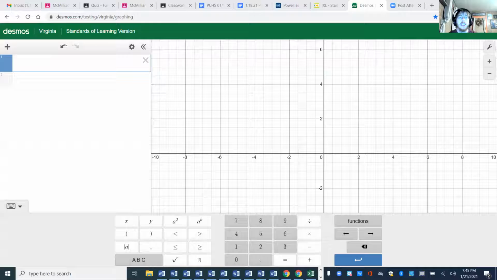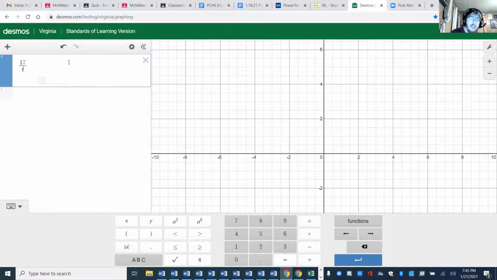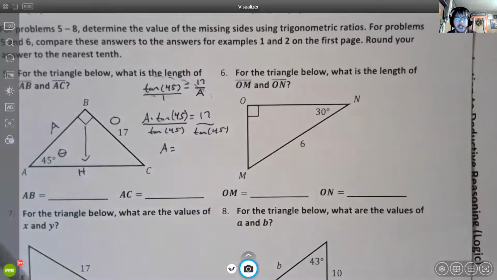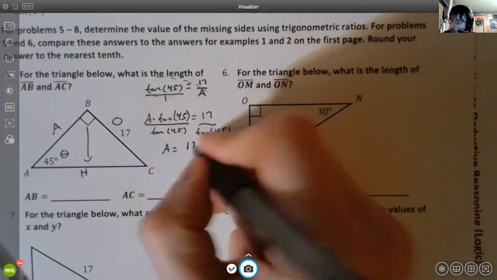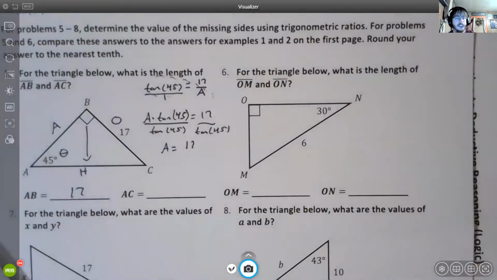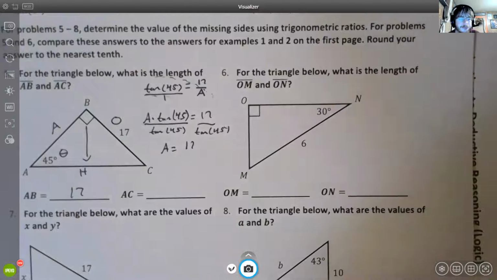If we go to our calculator here, we get 17 divided by tangent of 45, and that gives us 17. So that means that our adjacent side is 17, and that's exactly what we expected to happen. We said that these legs should be equal because it's a 45, 45, 90 triangle. And it turned out that that was true.